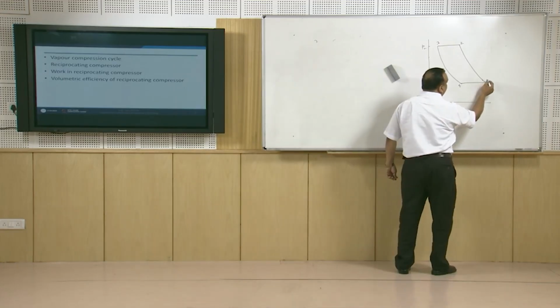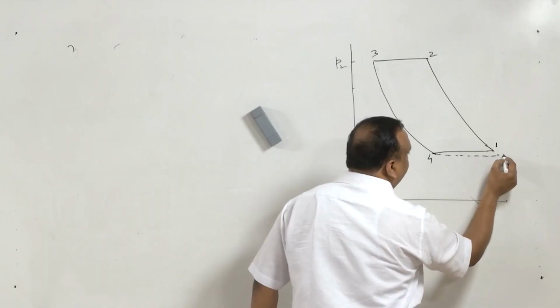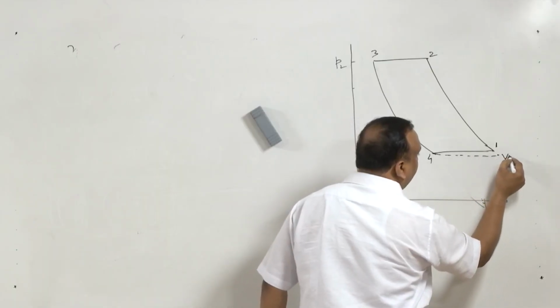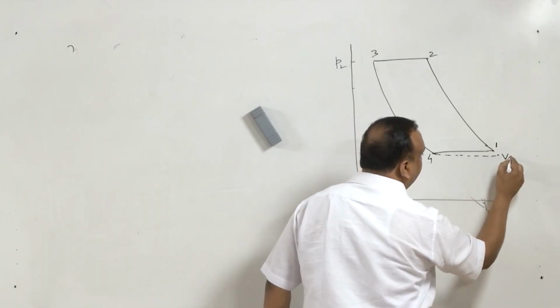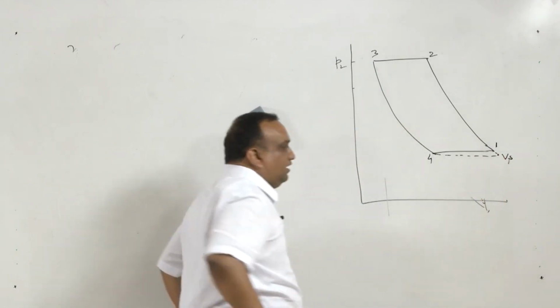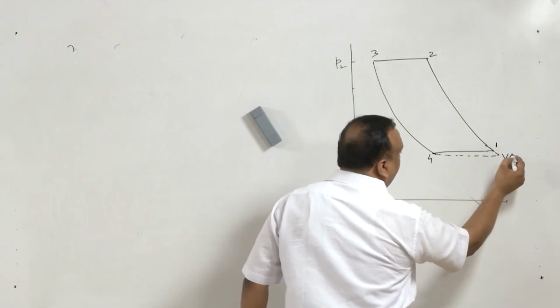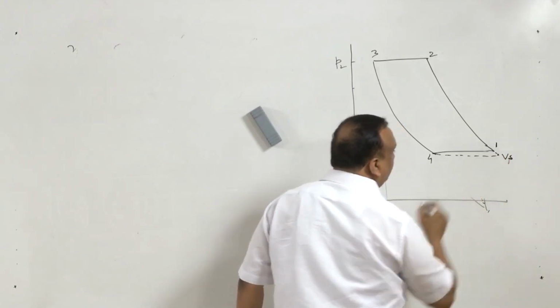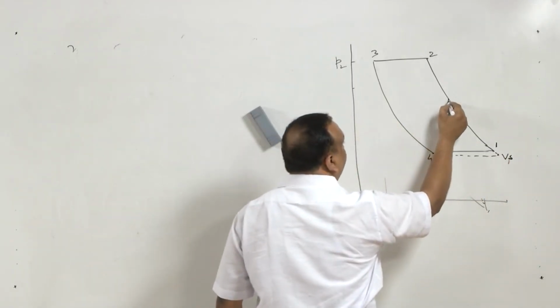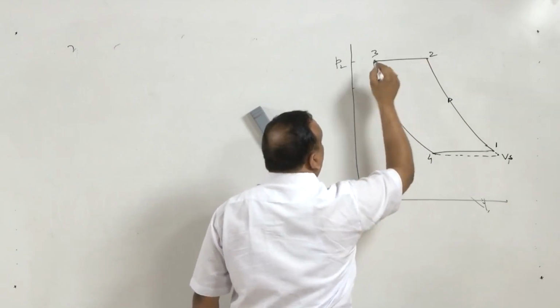So instead of having state 1, we will have a process something like this. So here we will have Vs, suction volume. Instead of state 1, we are going to have state 1 dash, and at state 1 dash the volume is Vs. The 1 to 2 process will remain the same. Now the 2 to 3 process.